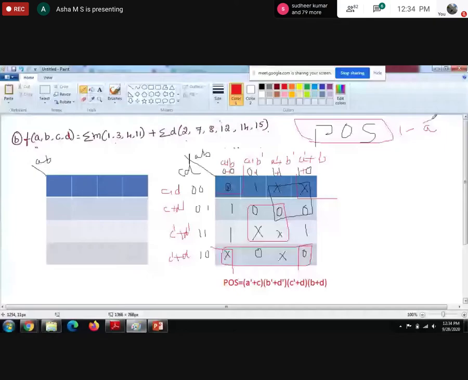Wherever 0 is there, write the variable as it is. Only this is the difference you should know.